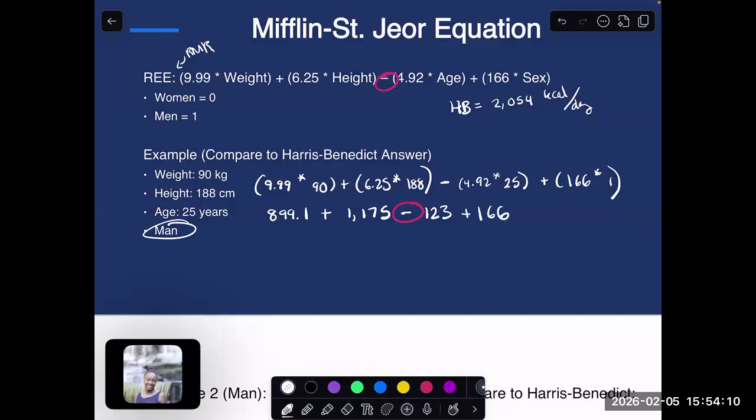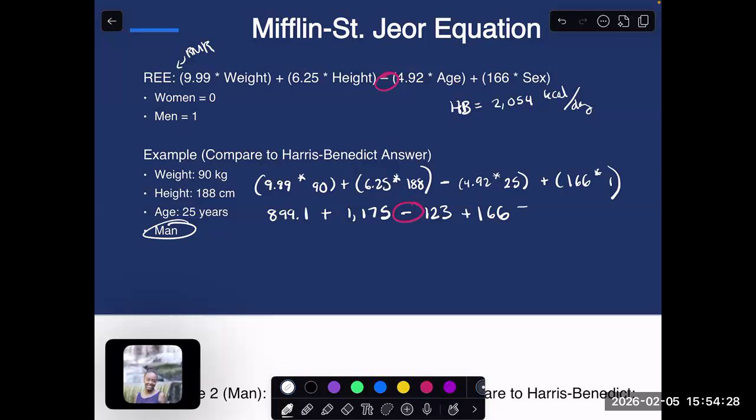So let's go ahead and add all these together. 899.1 plus 1,175 minus 123 plus 166.